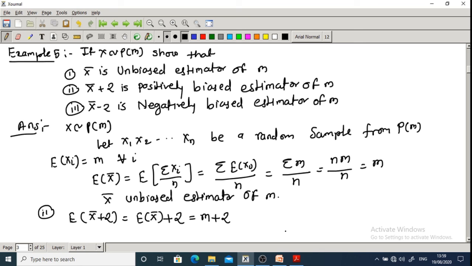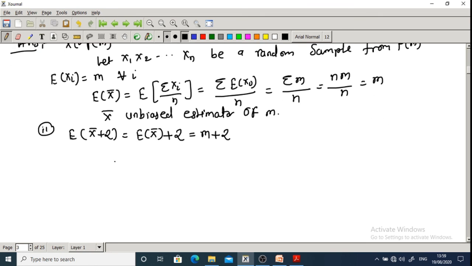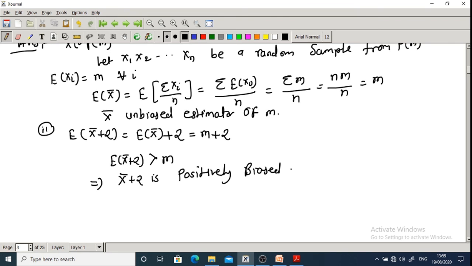And if you compare these two values, by comparison, expected value of x bar plus 2, if I remove these two, this term is always greater than m. This implies x bar plus 2 is a positively biased estimator of m.